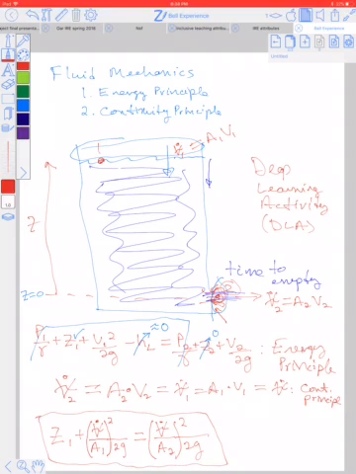So the only thing we don't know in this equation is the volume flow rate. So we can predict, for any height, how many gallons per minute are going to flow out.